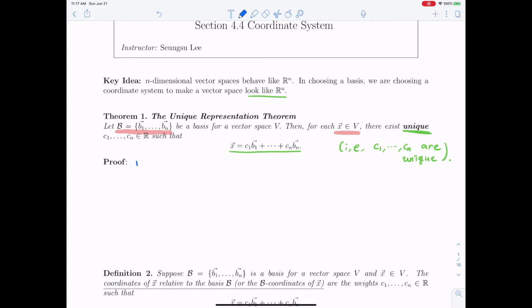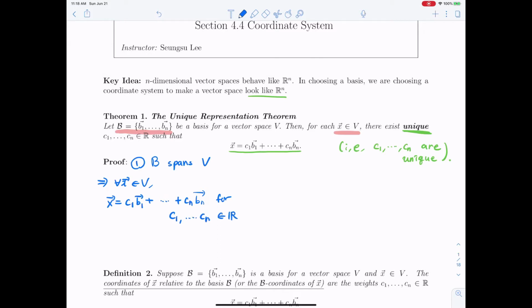First of all, we know that the basis spans the given vector space V. Then this means that for any vector x in V, we can write x as a linear combination of vectors in B. So say C1 times B1 plus so on until Cn times Bn, where C sub 1 through C sub n are just real numbers.